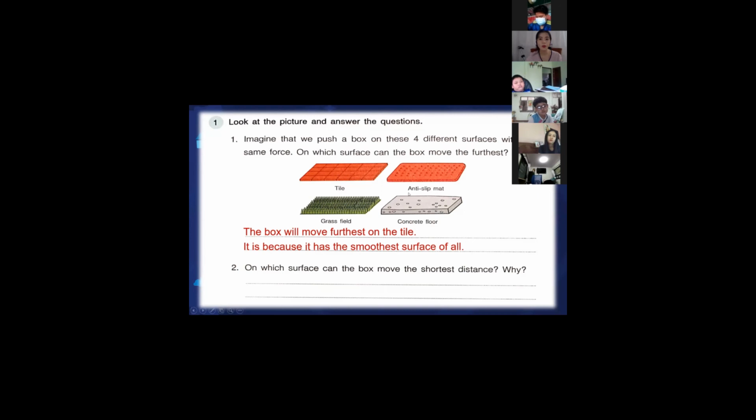When we say anti-slip mat, an object cannot slide, just like rubber. Okay, so what is the answer, class?